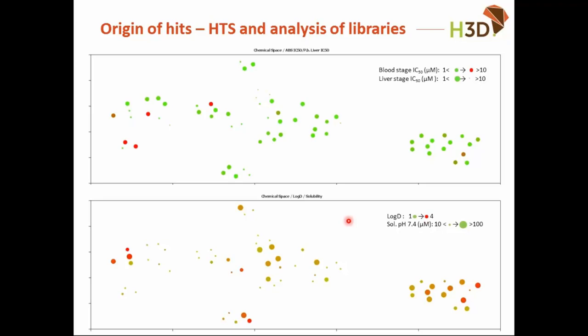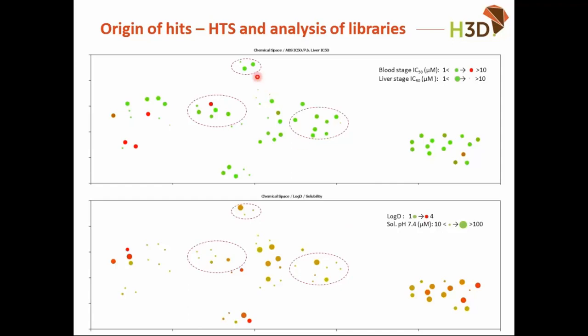So here we have chemical space where each cluster represents a series, and we can color or size the dots by different properties such as activity or solubility to see how the compounds perform in different assays. And if we superimpose different plots, we can have a multi-dimensional view of the series and really have an idea of the strengths and weaknesses of each series.